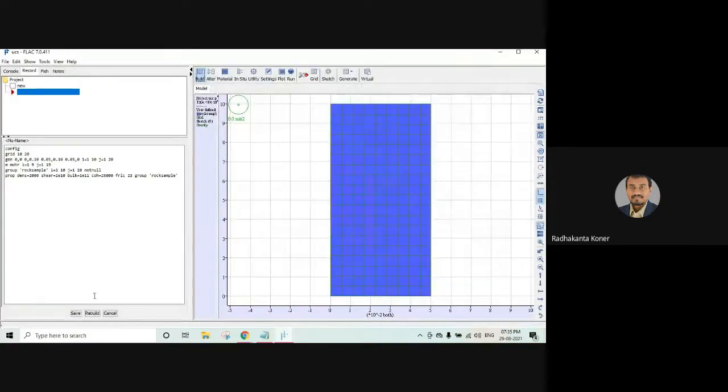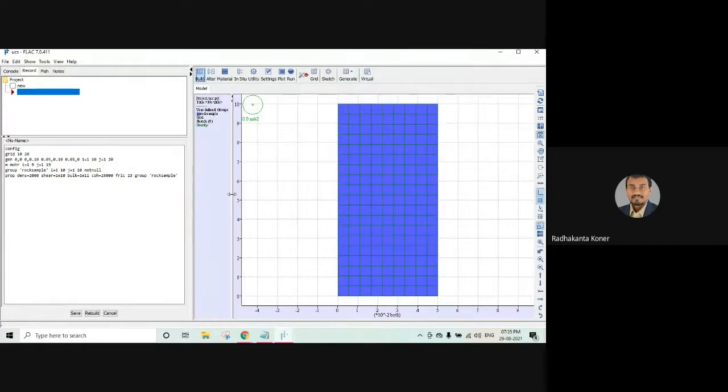The rock sample is provided with material properties of density 2000, shear modulus 1 into 10 to the power 10, bulk modulus 1 into 10 to the power 11, cohesion 25 kilopascal, and friction 23 degree, and group is rock sample. So this rock sample material property is defined.